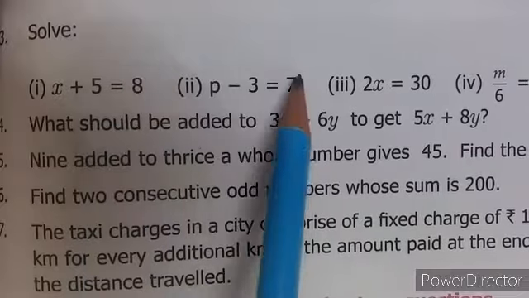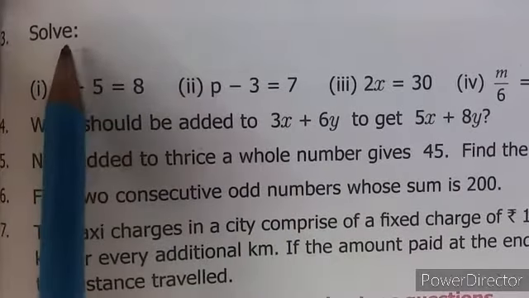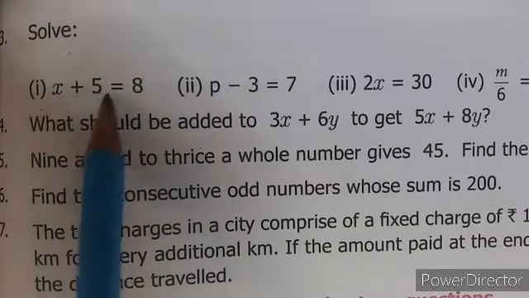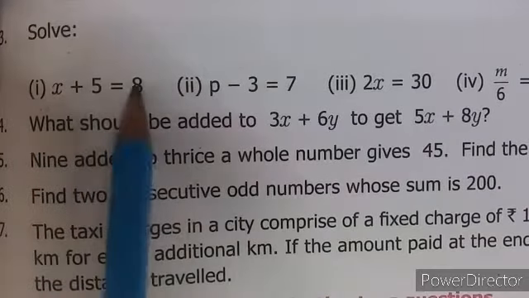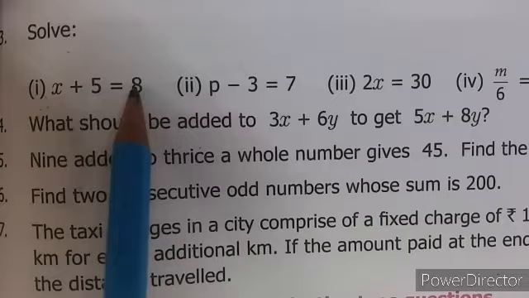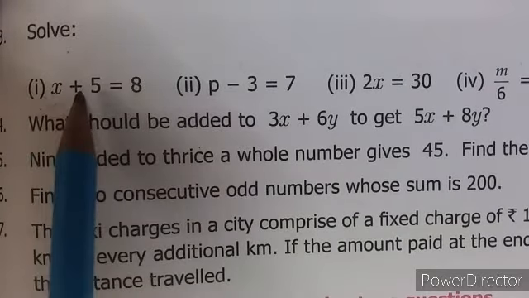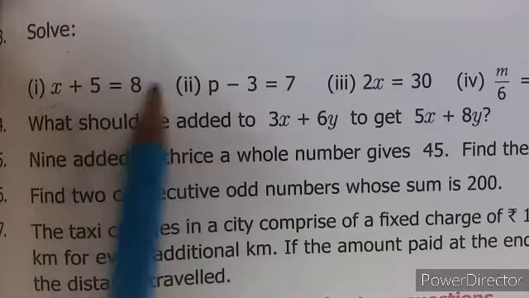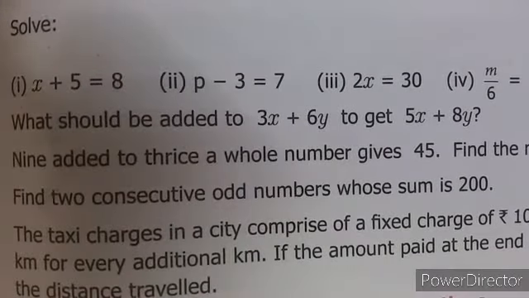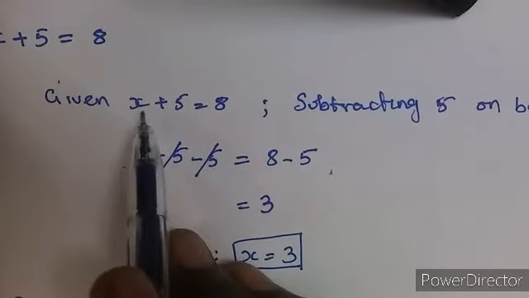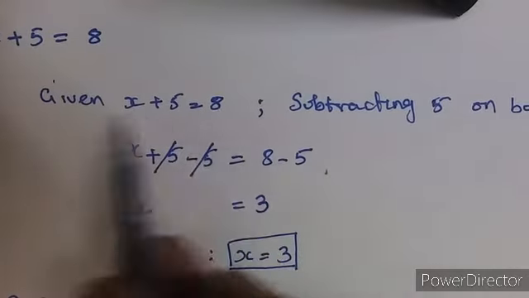Exercise 3.3, question number 3, subdivision 1, x plus 5 equal to 8. Here in this sum, we are going to find the value of x by equating the coefficient. Given expression is x plus 5 equal to 8.